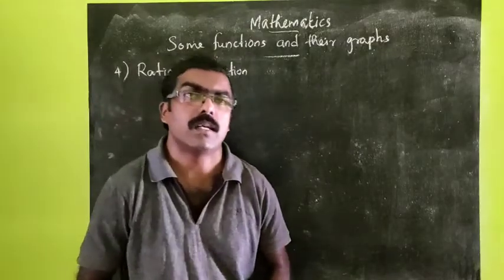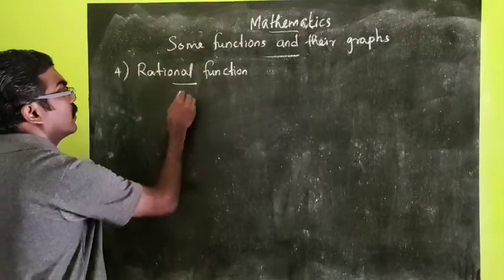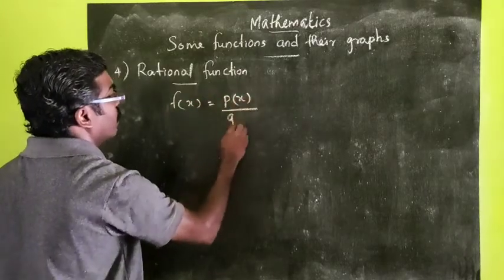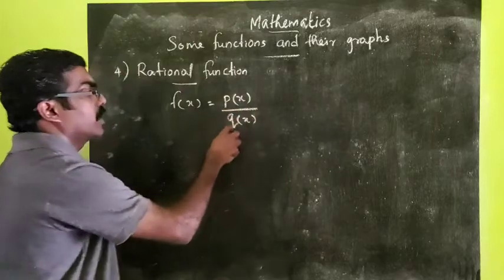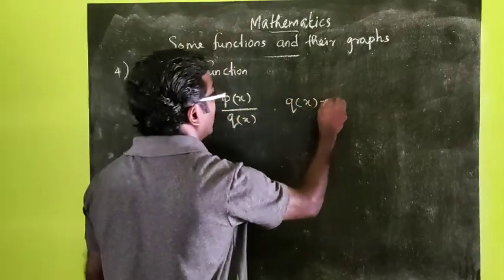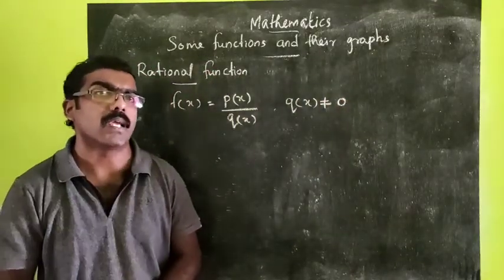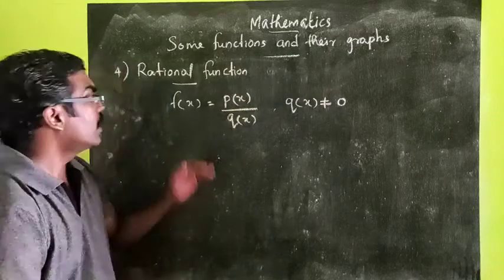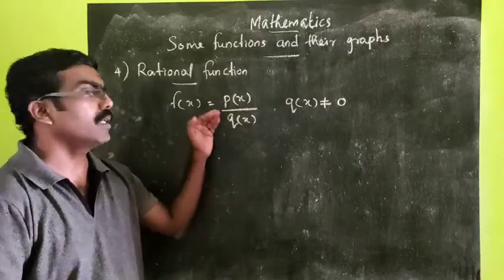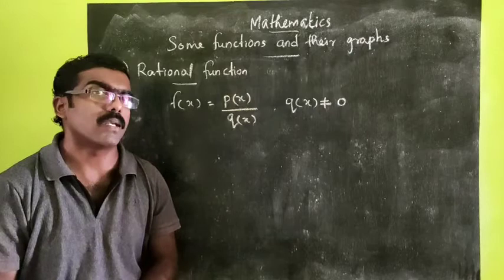Now we shall discuss rational functions. A function of the type f of x is equal to p of x divided by q of x, where p of x and q of x are polynomials with q of x not equal to 0, is called a rational function. Okay, the functions of the type f of x is equal to p of x by q of x, where p of x and q of x are polynomials with q of x not equal to 0 are called what?